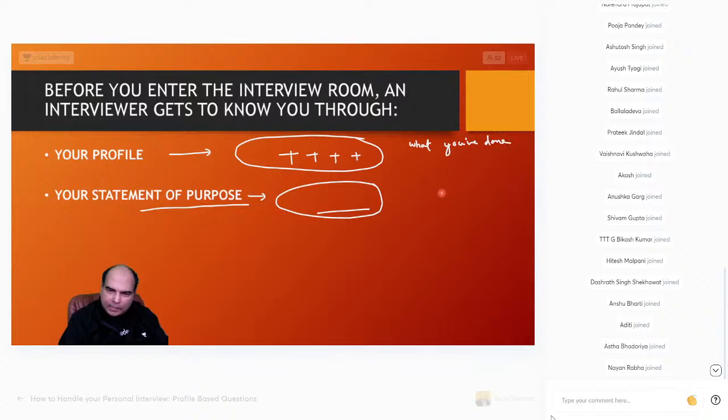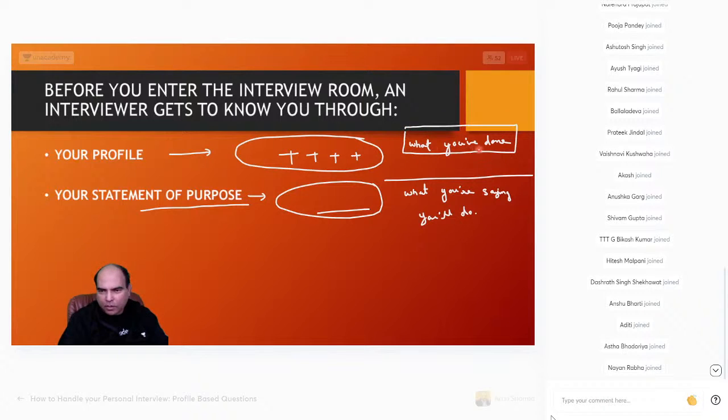And this is what you are saying you will do. Now, any interview is going to be inclined more towards what you have done. It's a natural inclination. He's going to be inclined more towards what you have done than what you are saying you'll do.